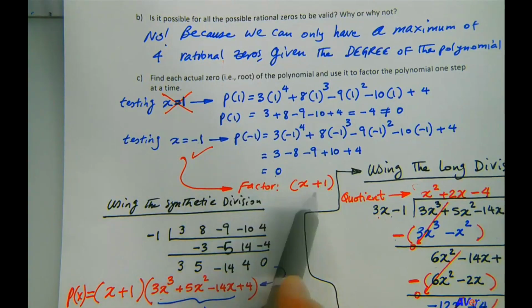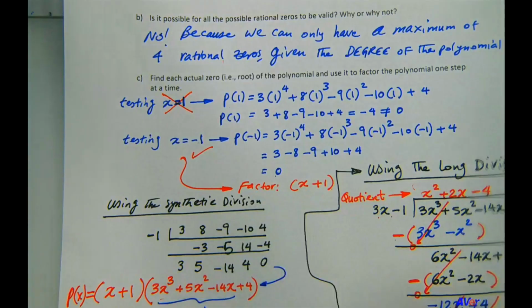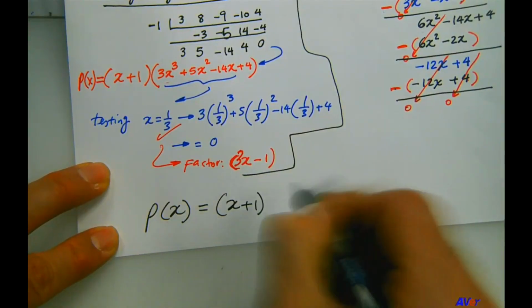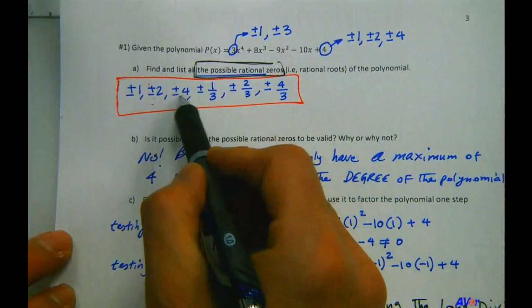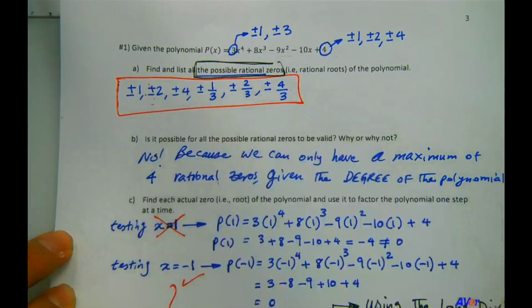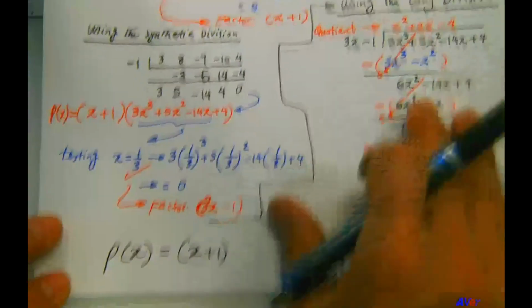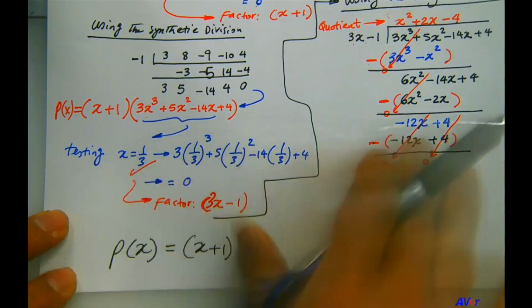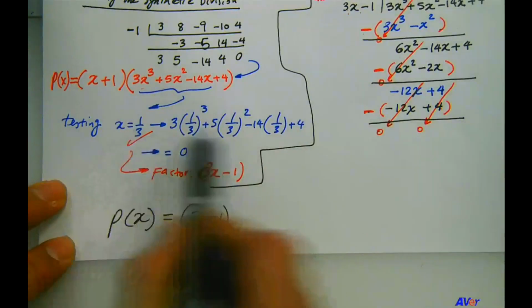So the factor was x plus 1. So that's one of the factors, x plus 1. Just to be efficient, I omitted testing these numbers, but I already tested these numbers. They did not work. So the one that worked was x equals 1/3. So that's the one I showed you guys to see how it will work.